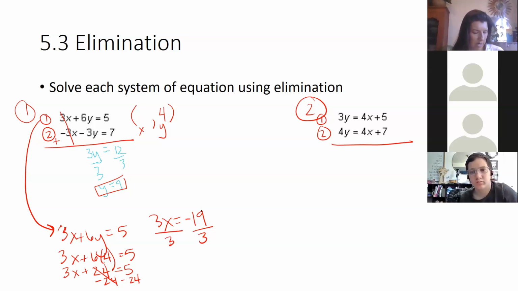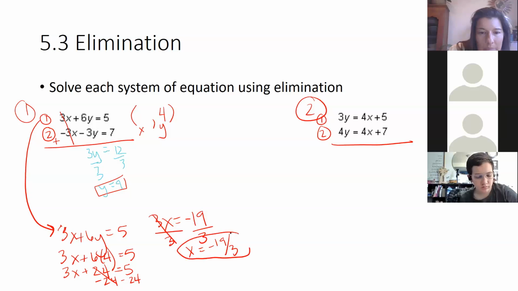Is that right? 5 minus 24 is negative 19. Okay, good. All right, so x equals, oh man, it's a dirty fraction. That's okay. Embrace them. Negative 19 thirds. Or you could rewrite it as a mixed number if you want. All right, questions on that one?